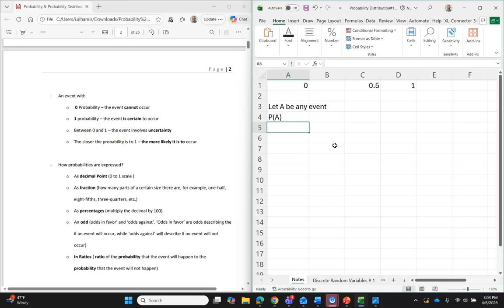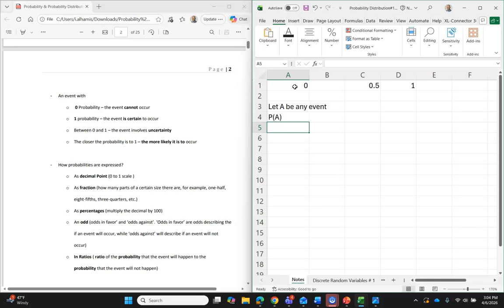So our interest is not about a probability of 0 and probability of 1, because we know that with those 2 probabilities, an event will either occur or will not. It will definitely occur if the probability is 1, or it will not occur if it is 0. However, an event with probability between 0 and 1 involves uncertainty, meaning that there are some chances of occurrence and some chances of not occurring.